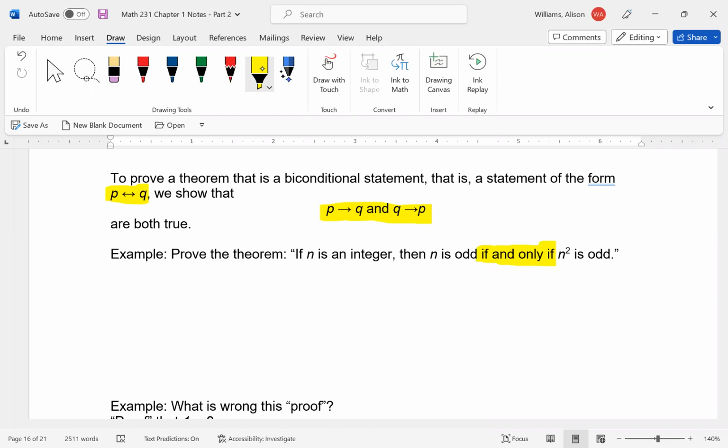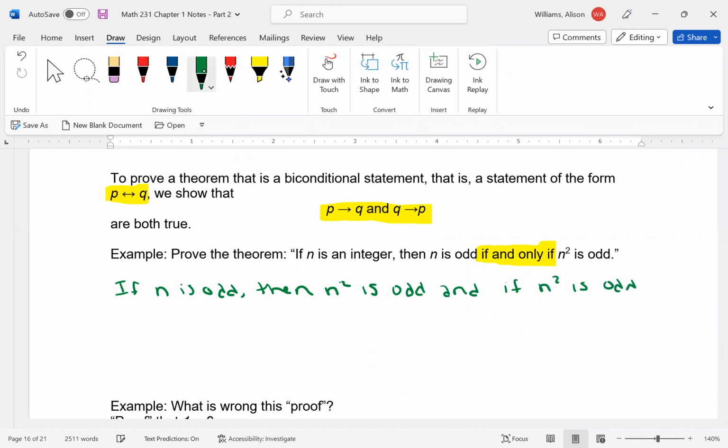In other words, if n is odd, then n squared is odd. And if n squared is odd, then n is odd.